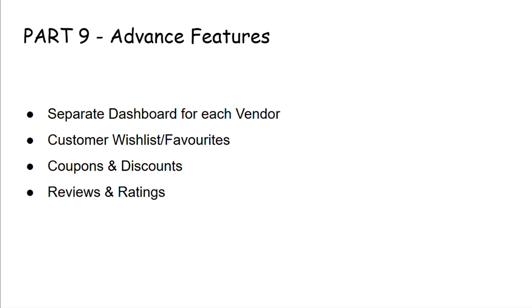Vendor refers to the seller basically, and when we create a complete dashboard for each seller, we will show them: these are the products which you have placed on our e-commerce website, these are the sales against your products, and this is your profit margin and all that. It makes things really advanced, so we can go with that.